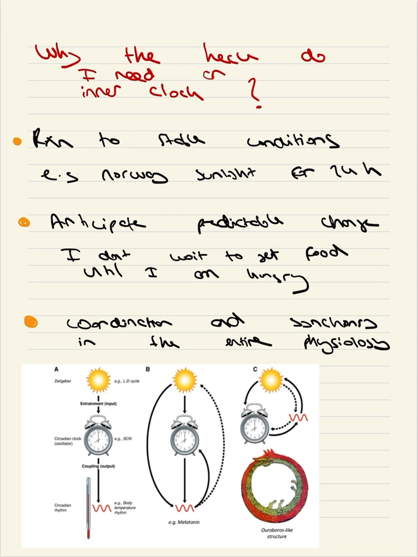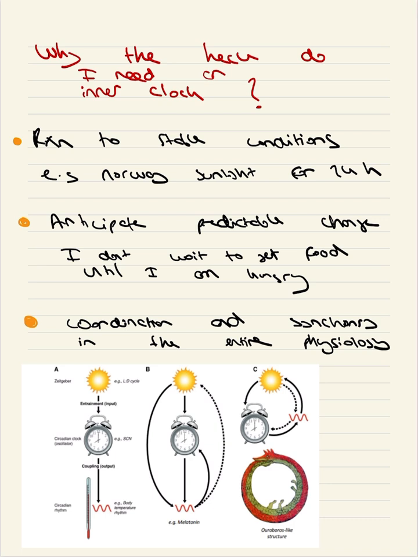If you didn't have a biological clock, you would not be able to sleep in Norway. But because you have a biological clock, you get sleepy at the same time that your biological clock is used to. So this allows you to react to stable environmental outside conditions.